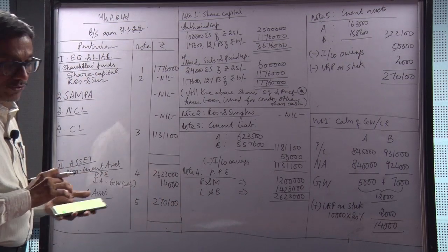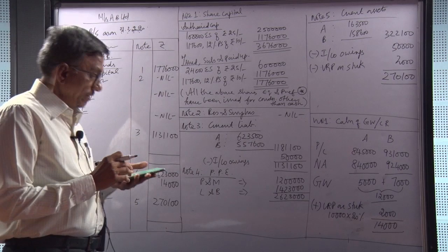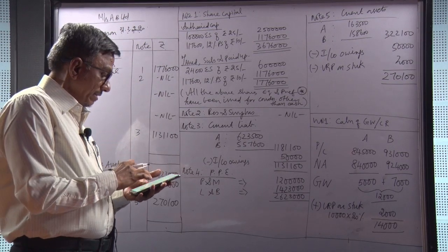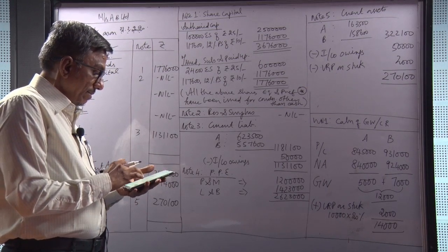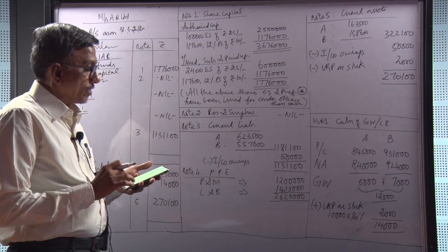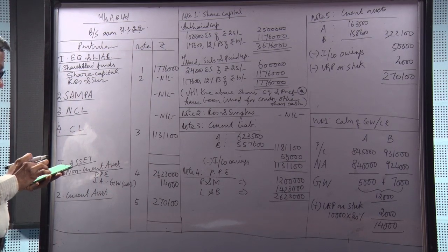Now as far as we know, we have done everything. It's time to check whether the balance sheet tallies. If it tallies, that means we have done it correctly. Otherwise, we have to check whether we have committed any mistake. So equity share capital is 1776 plus current liability 1131,100.